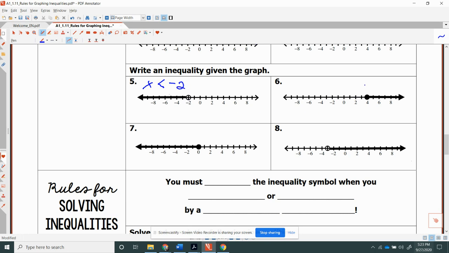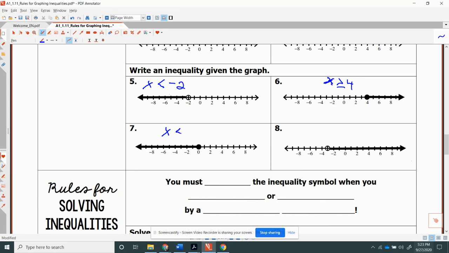Number 6, we've got a solid dot on 4, and we have the graph extending to the right, so we will say x is greater than or equal to positive 4. Number 7, we have a solid dot on 0 with the graph extending to the left.